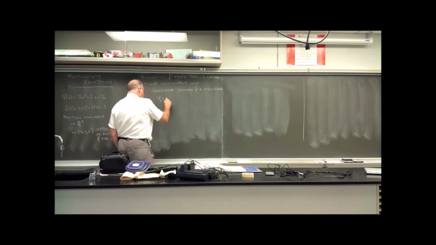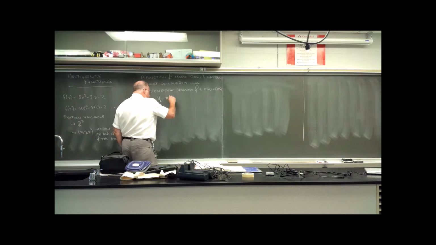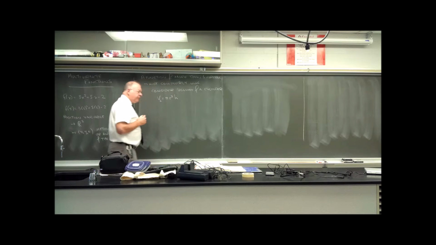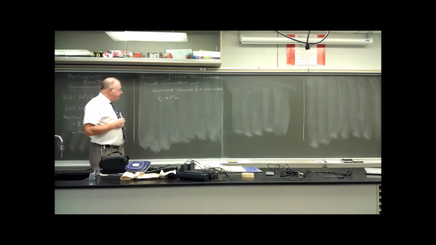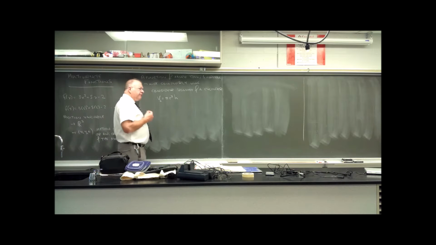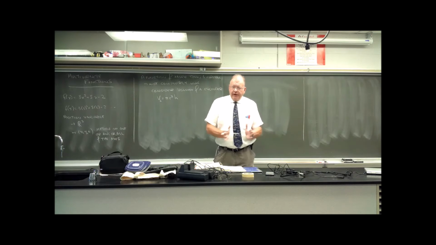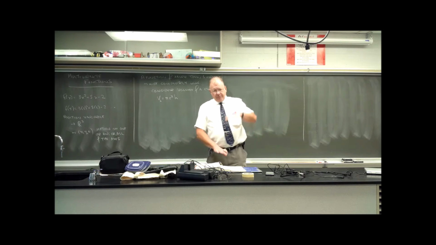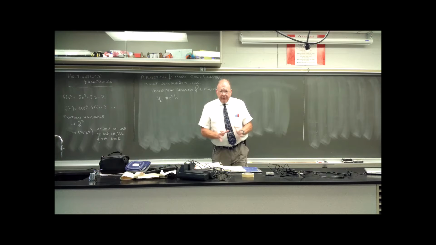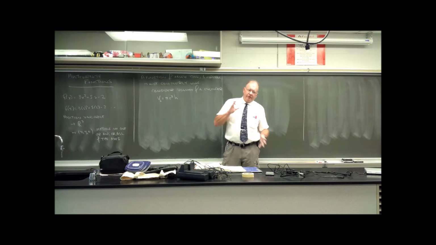So V sub c would equal pi r squared h, as you were taught in elementary school, one hopes. Well, what does the volume of this cylinder depend upon? It depends on the radius of the cylinder. It also depends on the height. And the radius and the height are independent of each other. One does not affect the other.